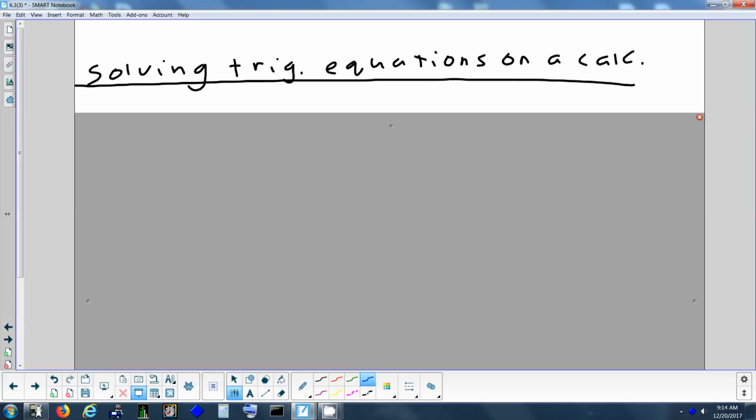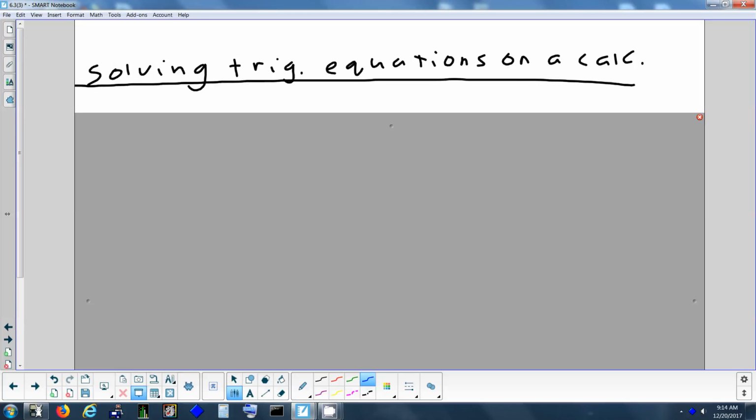What's special about trig functions compared to like a parabola or a hyperbola? What makes trig functions different? They keep going along the x-axis forever.